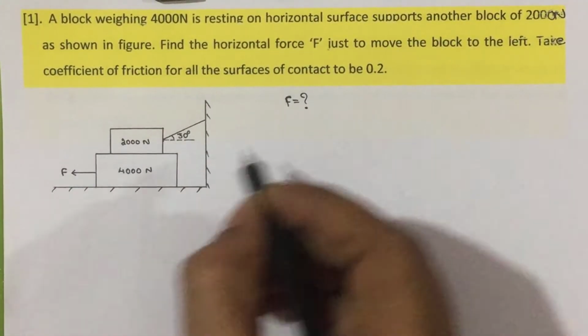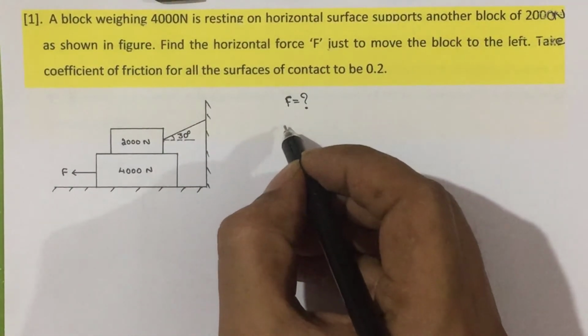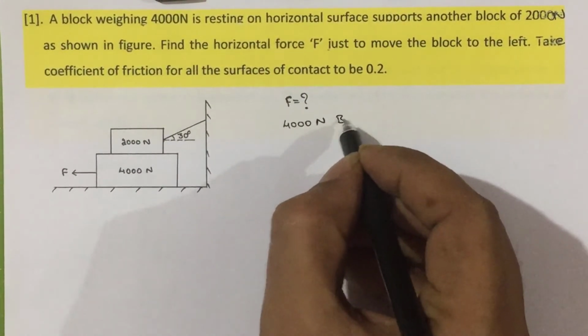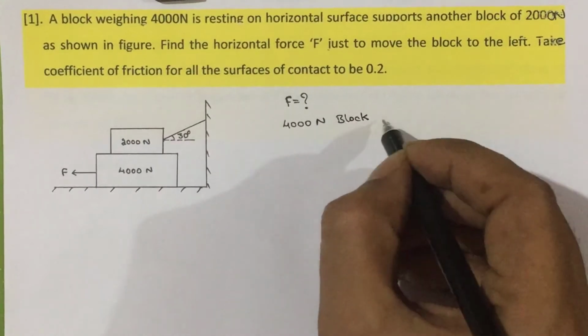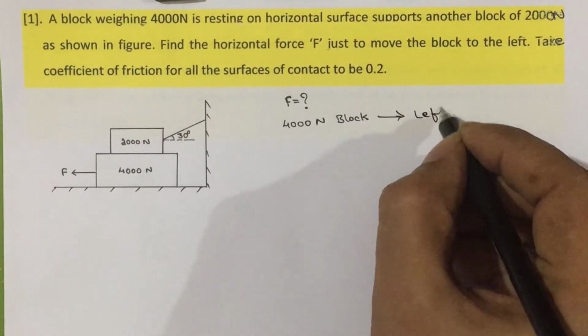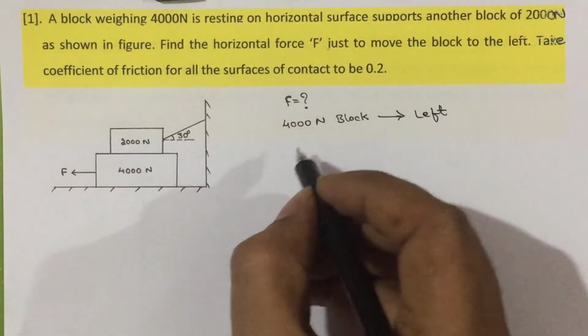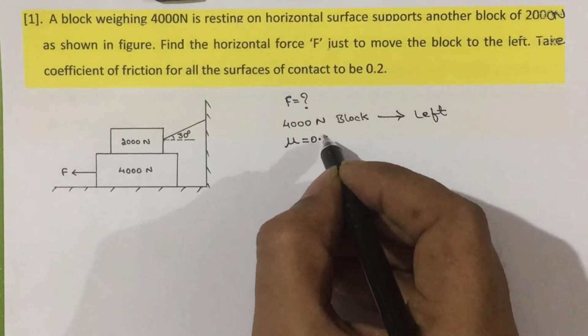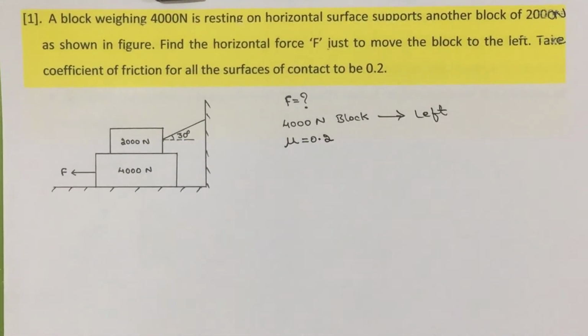Here the 4000 Newton block is moving leftwards, and the coefficient of friction for all the contact surfaces, that is mu, is given as 0.2.